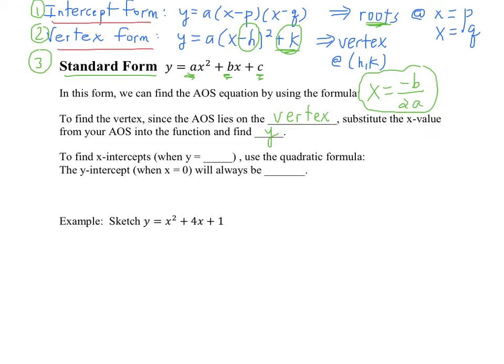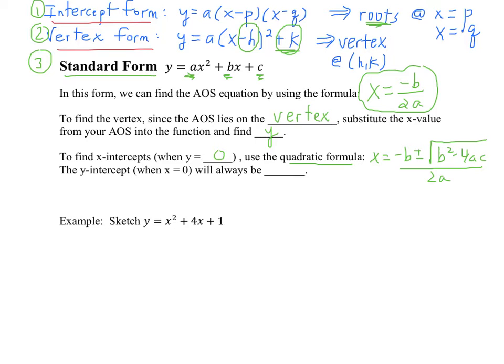To find x-intercepts, recall that's where y is 0. One option, if it's not factorable, is to use the quadratic formula. If you look in your IB formula packet, notice this is also given to you. So x equals negative b plus or minus square root of b squared minus 4ac all over 2a.